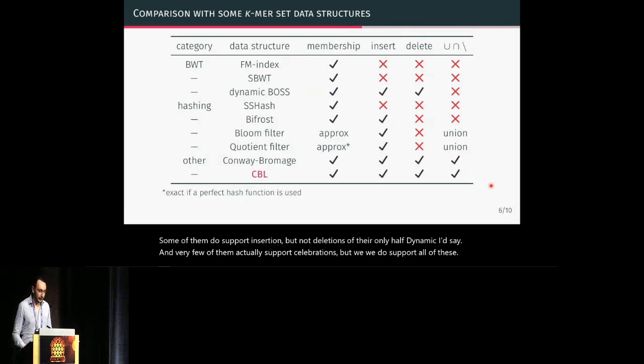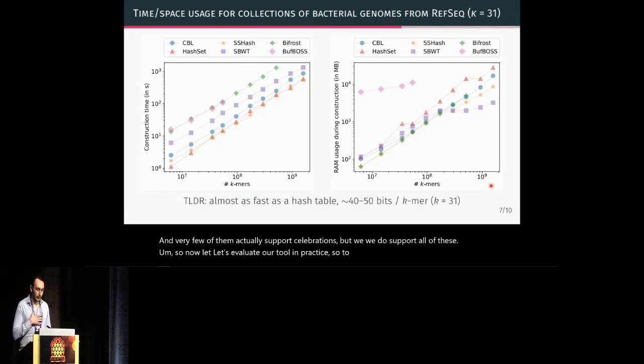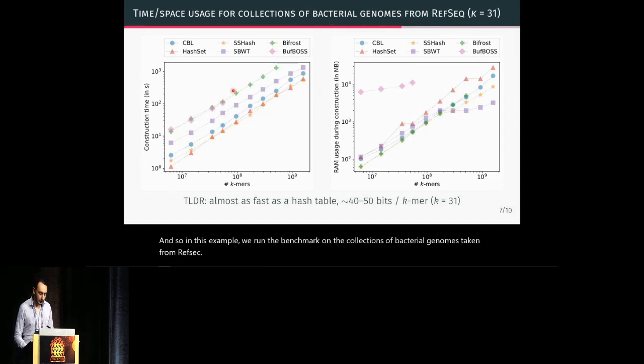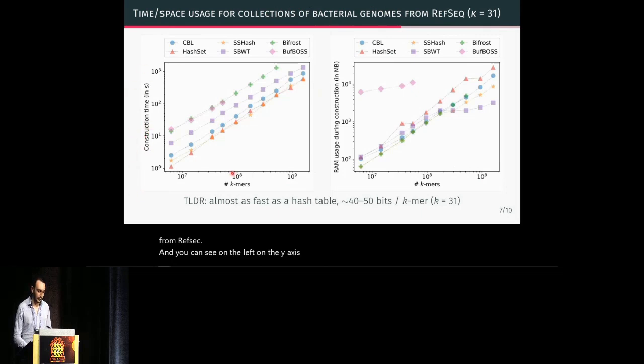So now let's evaluate our tool in practice. To evaluate it, we ran a series of benchmarks against multiple of these tools. In this example, we ran the benchmark on collections of bacterial genomes taken from RefSeq. You can see on the left, on the y-axis, the construction time versus the number of k-mers present in our data set.